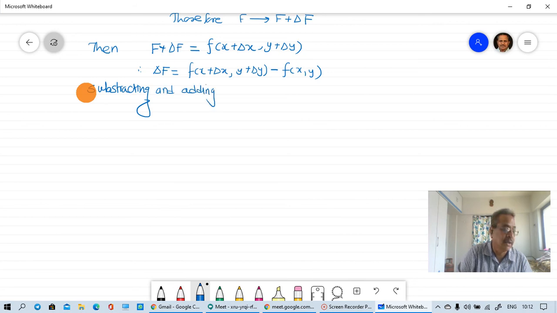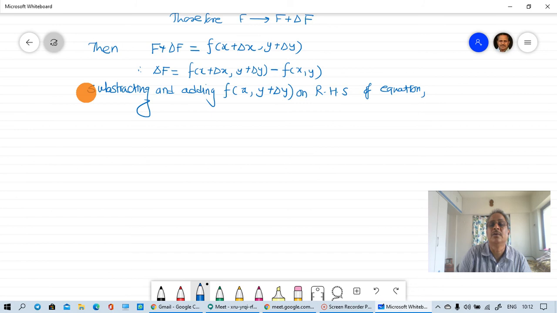Now look at this quantity, function of x and y plus delta y. Here x is the same, y changes to y plus delta y, and therefore the new function obtained is f of x and y plus delta y on the right hand side of the above equation.